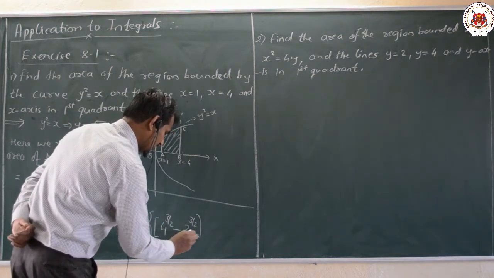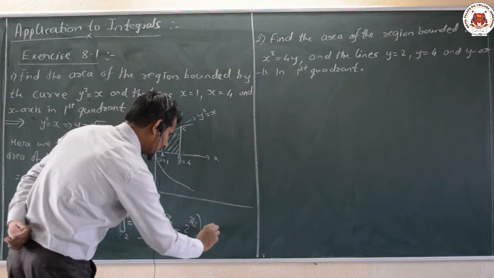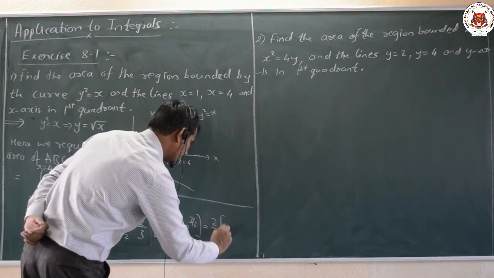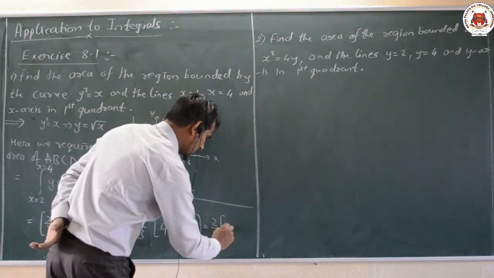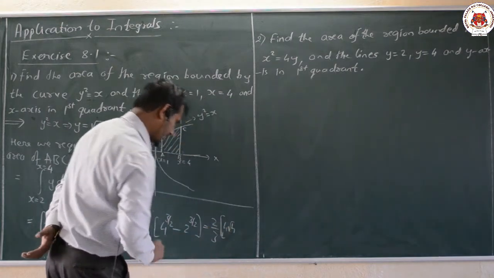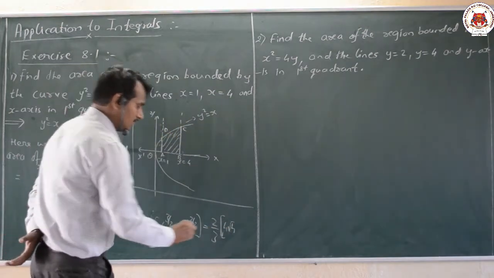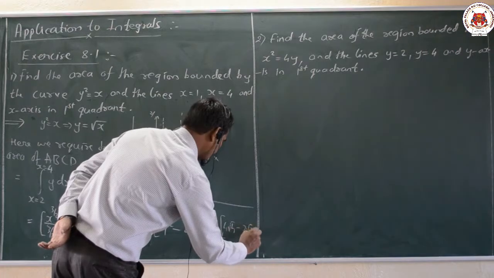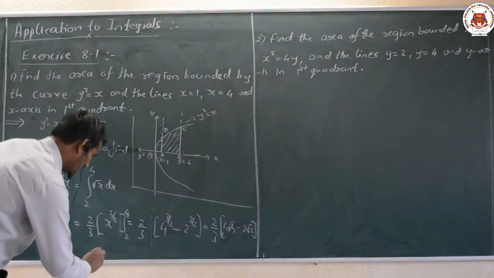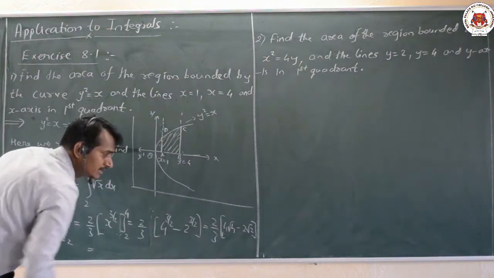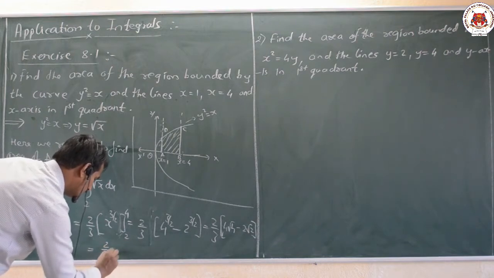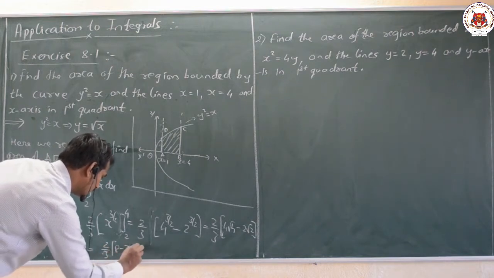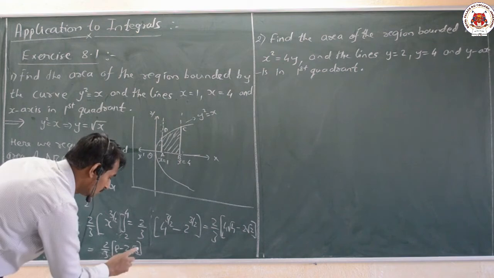Here the value will be 2 by 3 times 4 root 4, that is 4 raised to 3 by 2, minus 2 root 2. Ultimately, I can write 4 into 2, that is 8, so 2 by 3 times 8 minus 2 root 2.